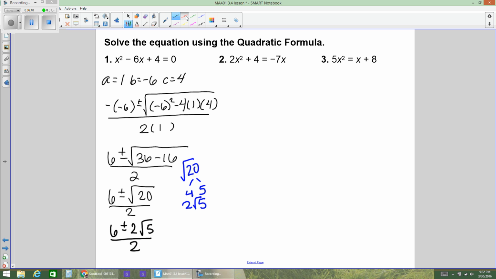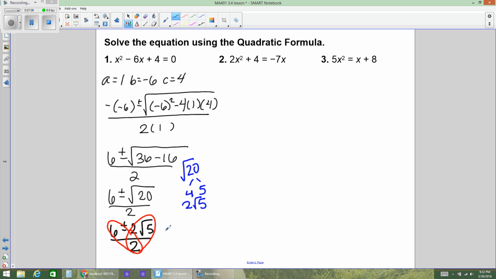Now, we're going to do my favorite thing. It's called share the love, because this right here is a plus or minus sign. It's not multiplication. So this 2 on the denominator shares to the 6, and it also shares to the 2 rad 5, and it looks like a heart, and that's why I've always called it share the love.